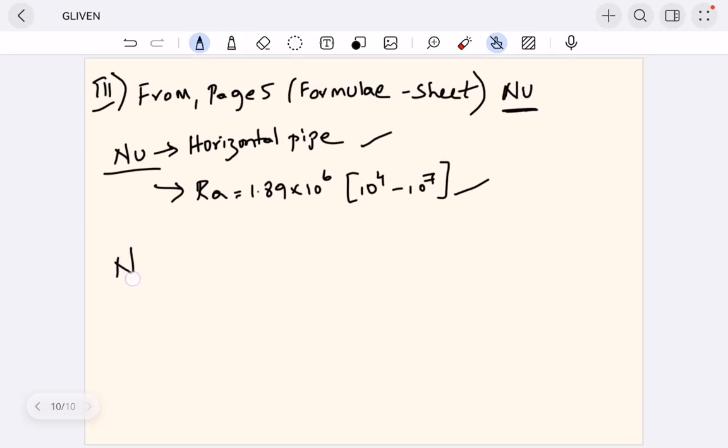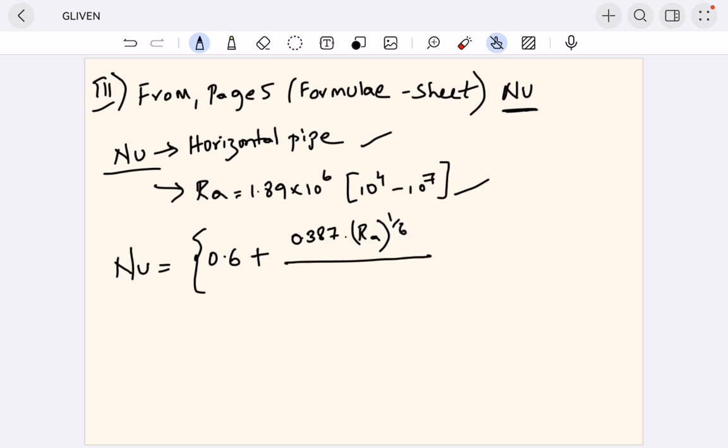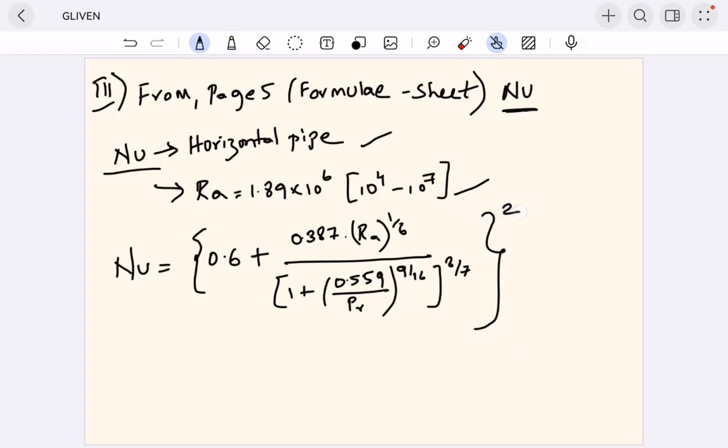So these two conditions are satisfied. Hence, I am going to use the Nusselt number Nu equal to 0.6 plus 0.387 times the Rayleigh number power 1 over 6, divided by 1 plus (0.559 divided by Prandtl number Pr) to the power 9 over 16, all to the power 8 over 27, the whole squared.